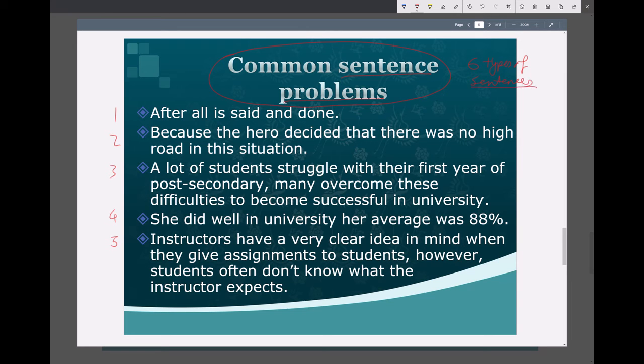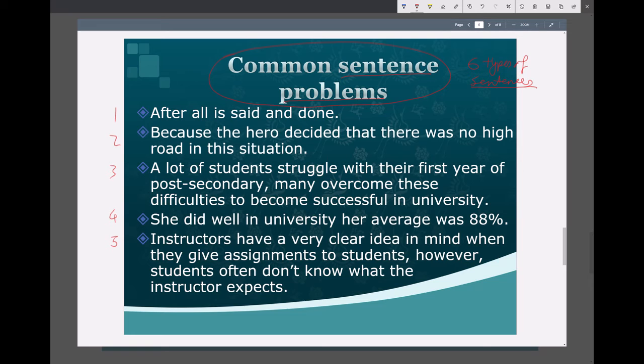Knowing what are the right types of sentences, 5 of the 6 types are right. The first type is a dependent clause, which is not a sentence, would help you figure out what's wrong with these sentences. So, for now, we're going to use 2 things, the lecture slides and the Cornell notes, which I'm going to show later. Here, though, let's read the sentences.